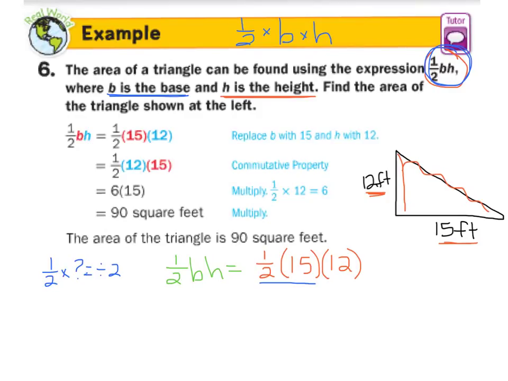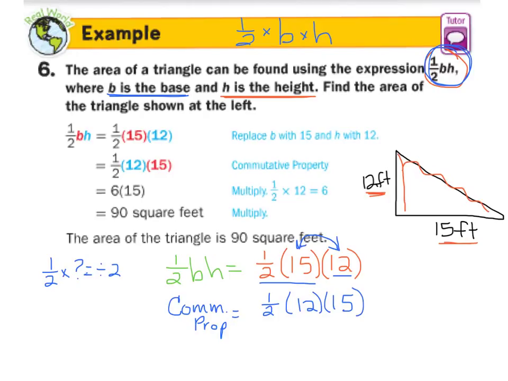So instead, I know that 12 would be really nice. So I would like to flip-flop these or reverse the order. So I'm going to use the commutative property to reverse them and rewrite it as 1/2 of 12 times 15.